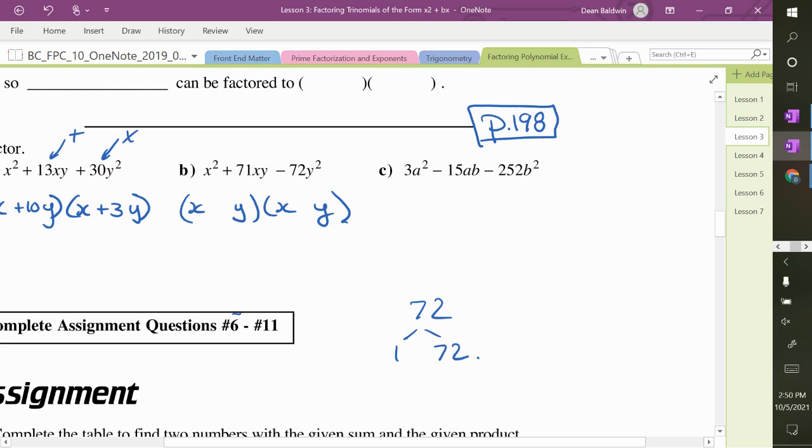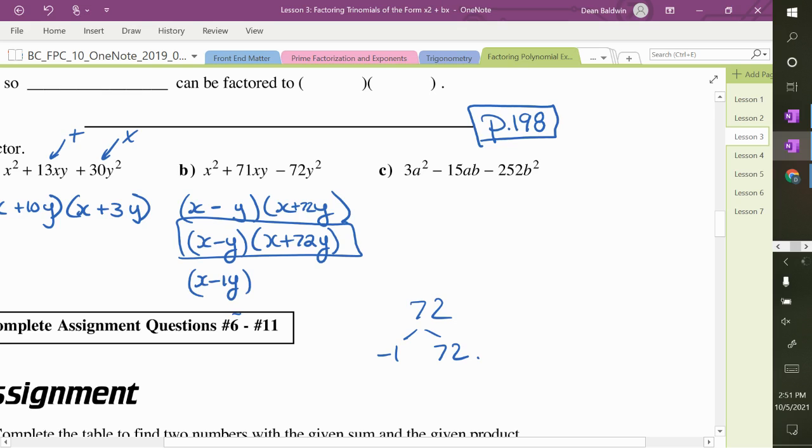Which one's negative? The 1, right? So I just go minus. Now you could put minus 1y or just minus y. It's the same thing. And then plus 72y. That looks really gross. Let me clean that up. That's better. If you wrote this, that's the same thing. It's not wrong. It's fine.